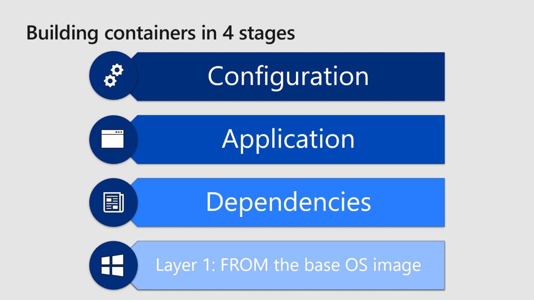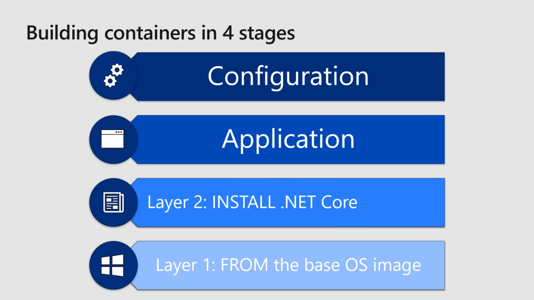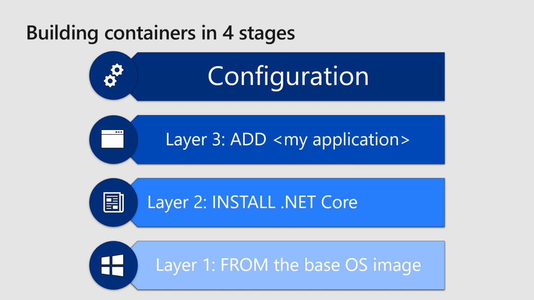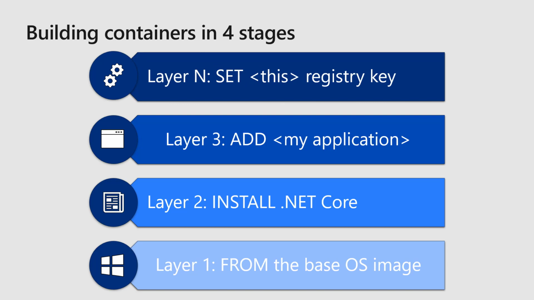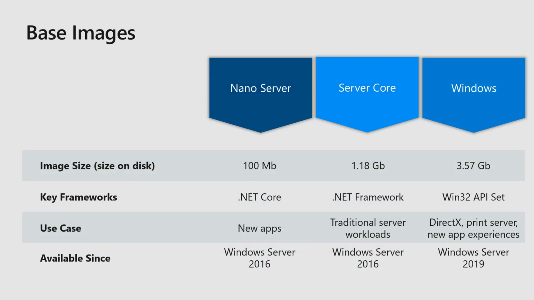That can be a Windows image, Windows Server Core, or a Nano Server image. And then the next layer would be our dependencies, like, in this case, .NET Core. Then we add our specific application, and then we add our configuration, for example, with registry keys or some scripts we run in that image.